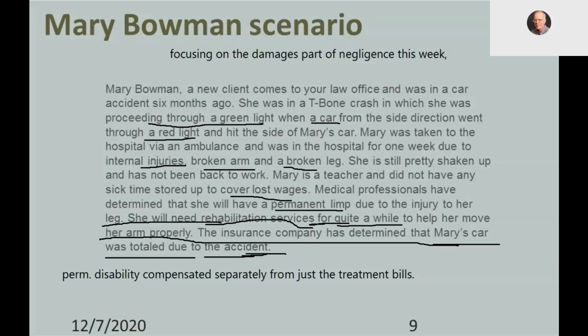Let's assume the other side does have coverage, but here's an instance, and I'm going to give that away, I guess. The term is quite a while. It doesn't say rehabilitation services for 16 months or 8 months, does it? Quite a while is kind of vague.